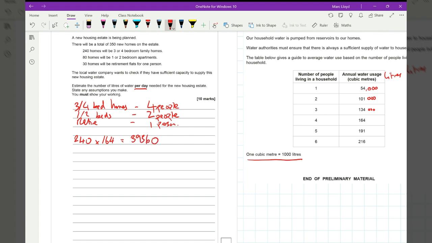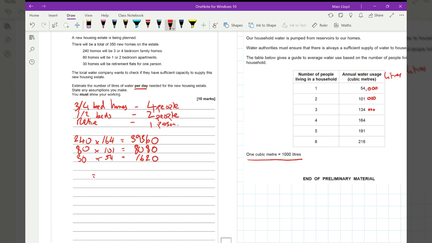For the 80 homes that I've assumed there are 2 people in, we go to that table, we've got 101 there. So 101 times by 80 is 8080. Finally, the retirement homes, 30 of them times by 54. 30 times 54 is 1620.